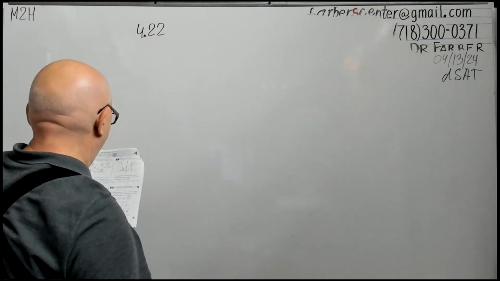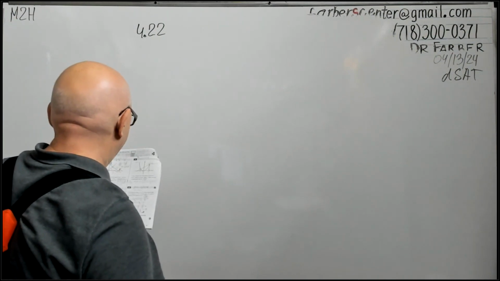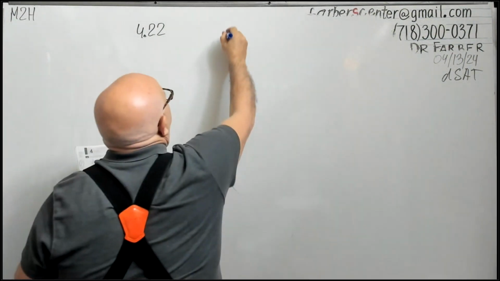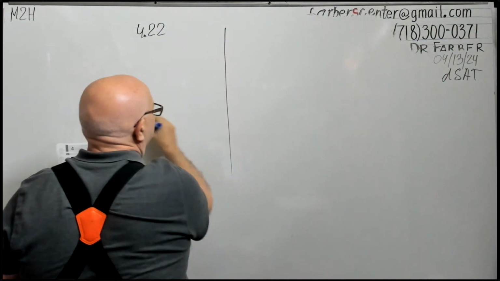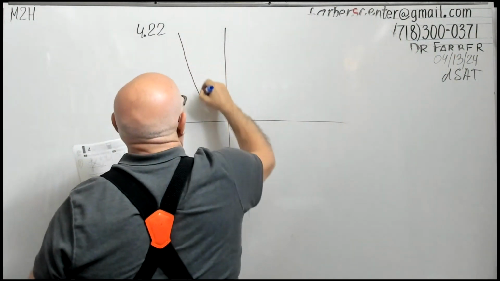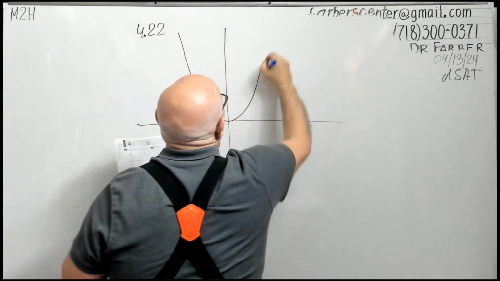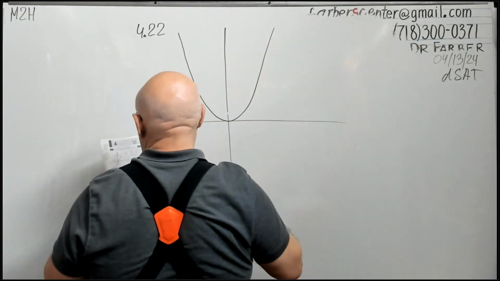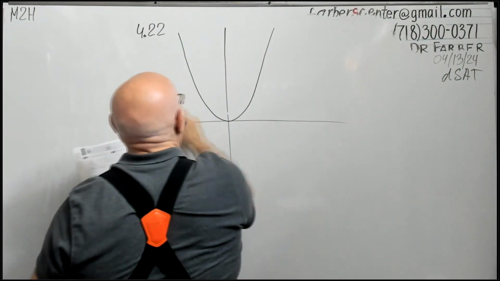For 22, let's make a picture. So this is a Cartesian coordinate system, and we have a parabola and we have a line.